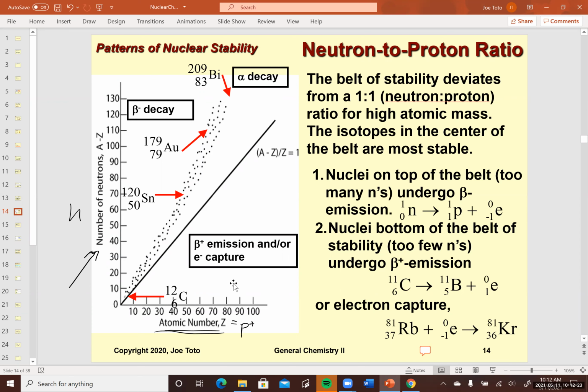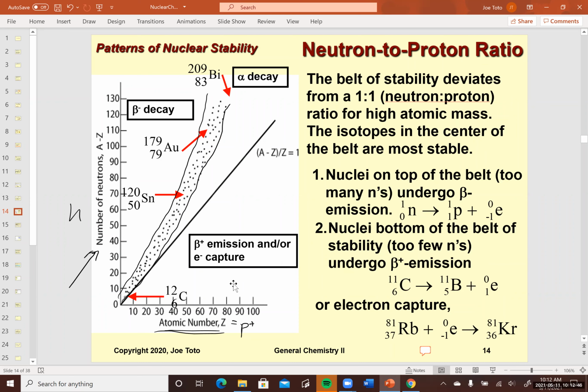And these little dots that you see represent atoms. And this whole thing, it kind of looks like an asteroid belt, is called the belt of stability.